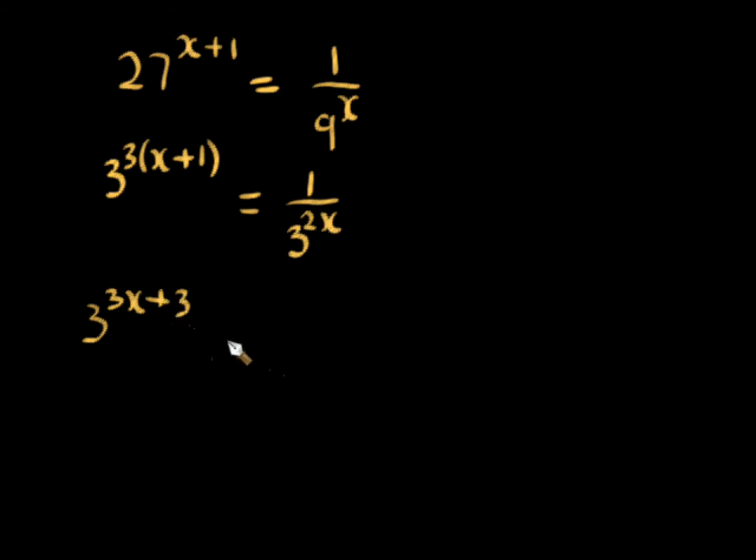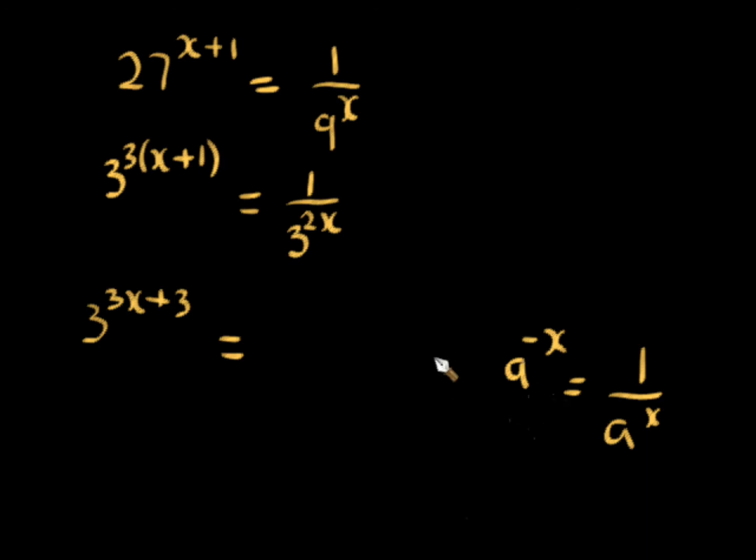Now, on this other side, remember our negative index law, which states that a raised to power minus x, we can choose to write as 1 over a raised to power x. This was our negative index law.